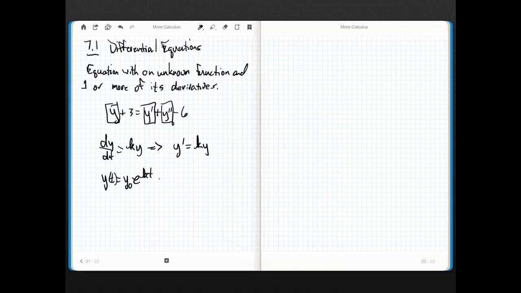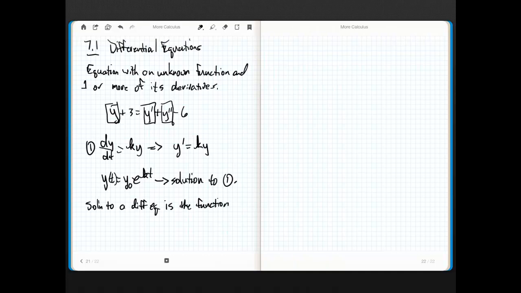Let's call this 1. I'm going to prove that this equation is a solution to 1. Now, we should probably define what a solution to a diff-EQ is. I'm never going to write differential equations again. It's going to be diff-EQ. A solution to a diff-EQ is the function.